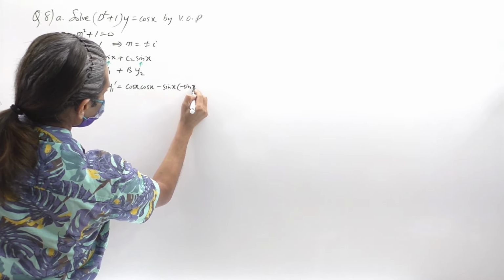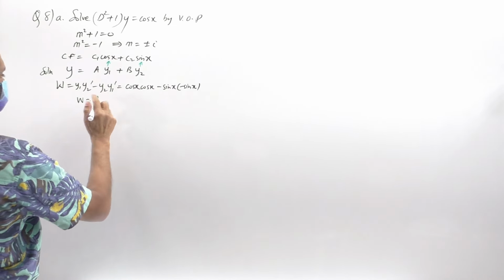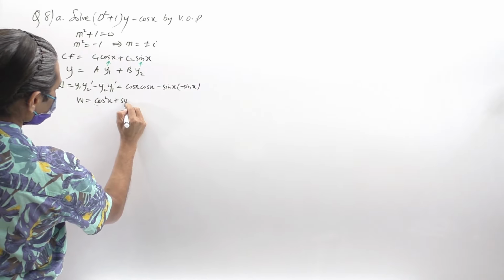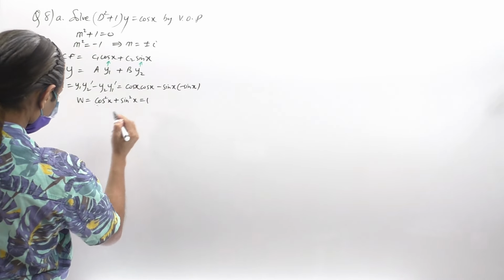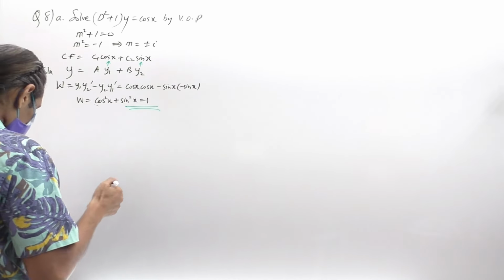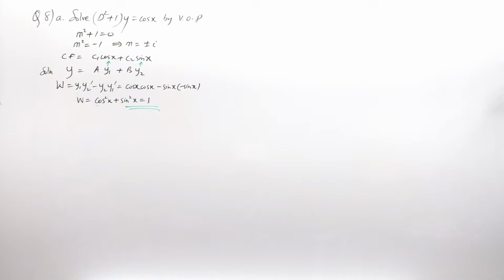So it is sin square x plus cos square x. So W will be equal to cos square x plus sin square x, that is 1. W is very important here. So the value of the Wronskian is 1. So we found W.